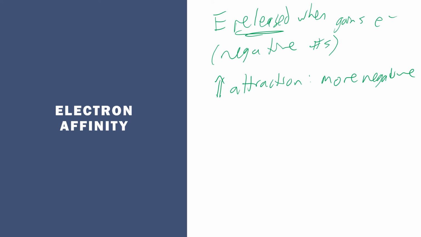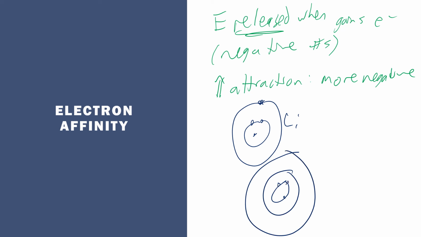And if you look on the periodic table, again, we're going to look at elements in the same group versus elements in the same period. Lithium versus, we'll do lithium and sodium again because it makes it easier. So if we want to gain an electron, it has to be attracted by the protons, the 3 protons in lithium or the 11 protons in sodium, and it has to come in from the outside.